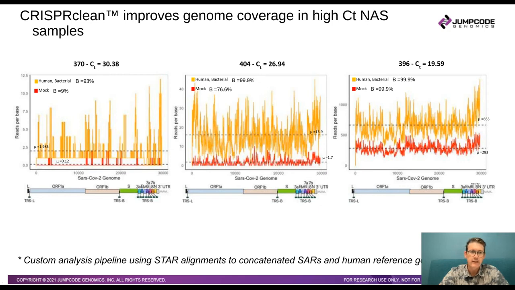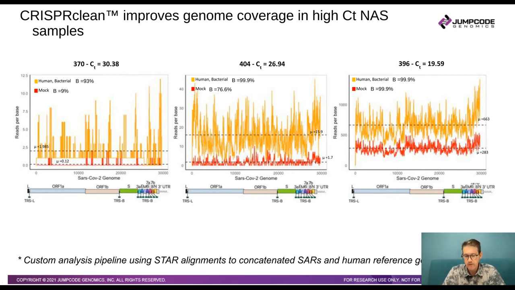But certainly with an average coverage of 1.9 and a breadth of coverage of the COVID genome of 93%, even at a CT of 30.38, this would not be in the level of noise and could be seen as a positive.